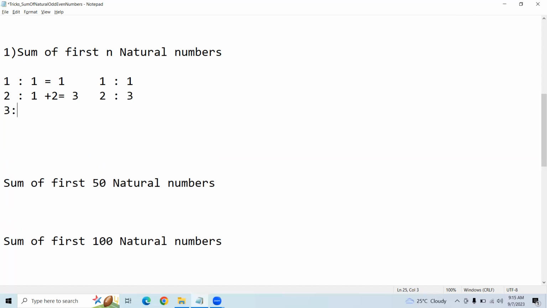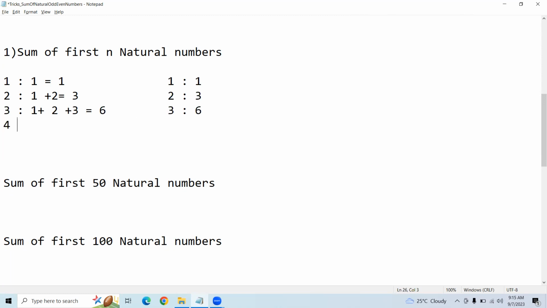Then let's take three natural numbers. 1 plus 2 plus 3: 1 plus 2 is 3, 3 plus 3 is 6. Let's just write it down. For three natural numbers, our answer is 6. So for one natural number, our answer is 1. For two natural numbers, our answer is 3. For three natural numbers, our answer is 6.